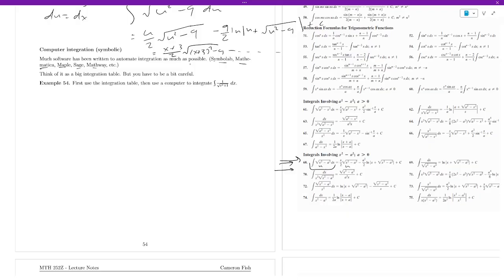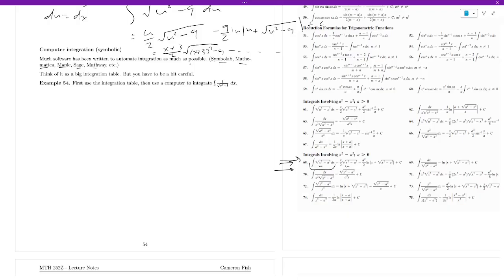But basically, instead of having a big table where you have to pattern match and look things up, people thought, why don't we just have the computer do that part? And they're right, it's a good idea. You should think of it as a big integration table. It's tempting to think the computer will just give me the answer because it knows math better than me, but it's better to think of it as a really big integration table where you have an assistant who does the work of looking it up for you.